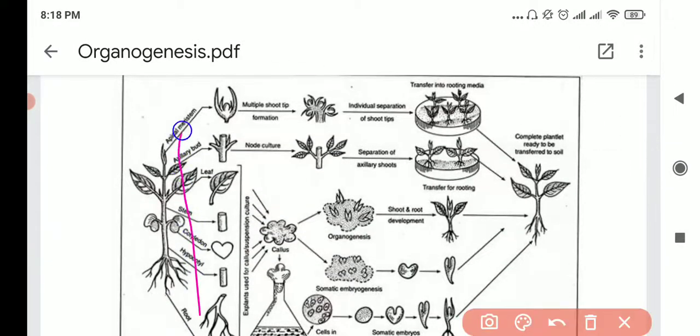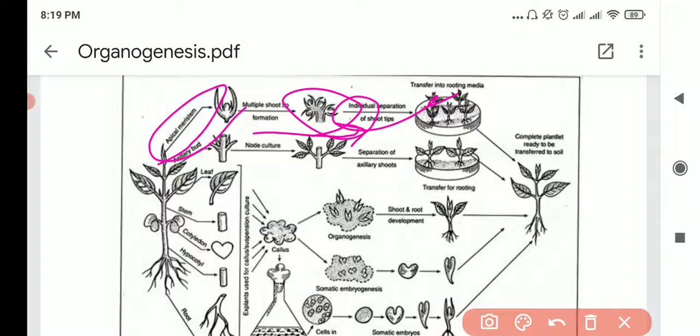So in this diagram, these are examples of explants. Then the shoot had formed. Here, because the apical meristem is present, it will directly become a shoot. Then here they are culturing the node, means they put it on the media.